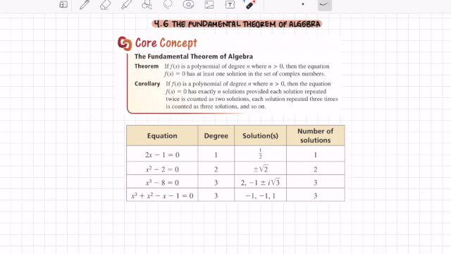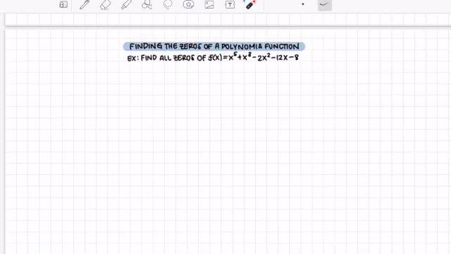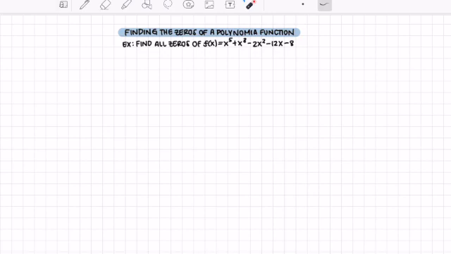out these polynomial functions. So, for example, if we're asked to find all the zeros of the polynomial function x to the power 5 plus x to the power 3 minus 2x squared minus 12x minus 8, the first thing I want to do is use synthetic division to identify what my first factor could be.